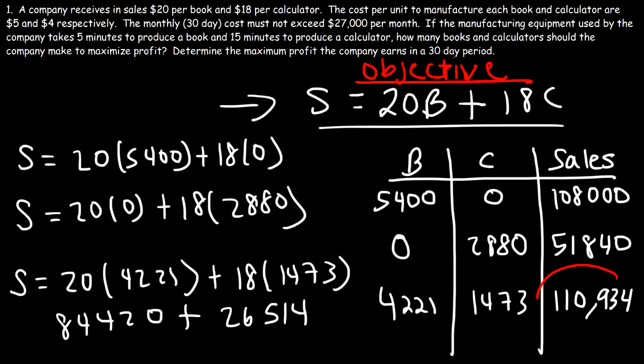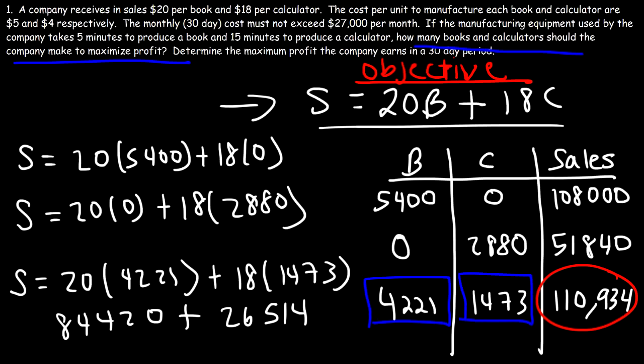So clearly, this represents the maximum sales. And to determine the number of books and calculators the company should make to maximize the profit, it's 4,221 books and 1,473 calculators in a 30-day period.